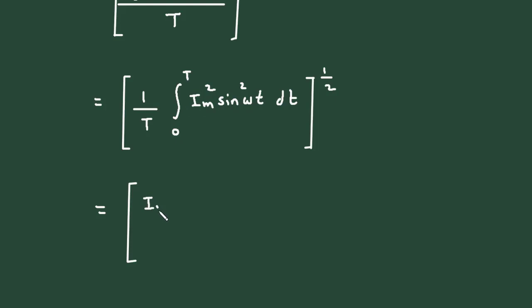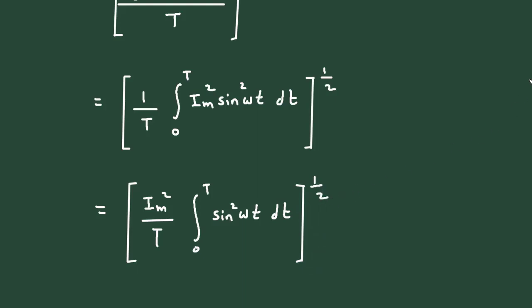So it will be Im square by T, integral from 0 to T. Now we have to take this sin square omega t dt. First we will write this as it is, sin square omega t dt. Now bracket close to the power 1 by 2.